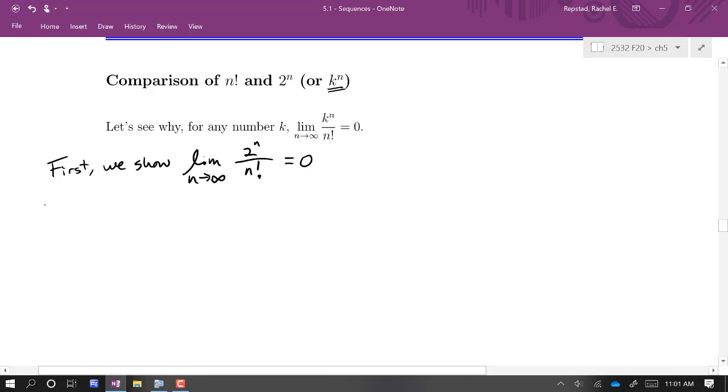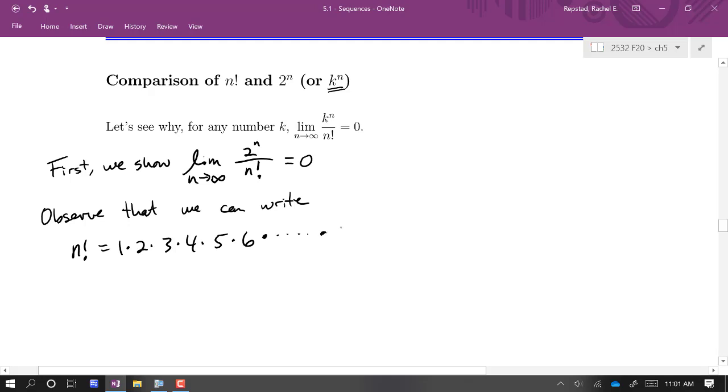So first, let's observe that we can write the following. n factorial, remember, the factorial is just the product of the integers from 1 up to n. So I'm going to write out the first several factors: 1 times 2, times 3, times 4, times 5, times 6, and then all the way up to times n.